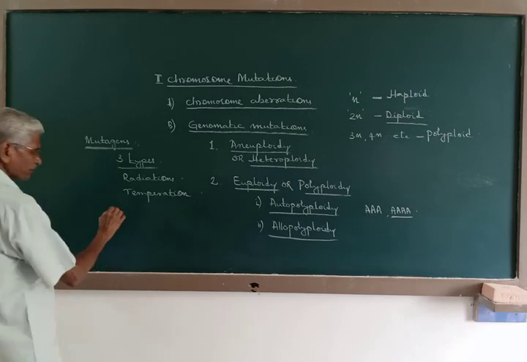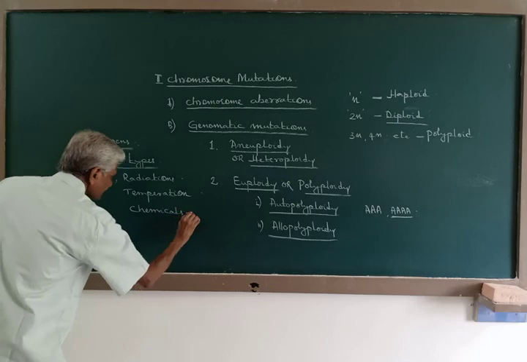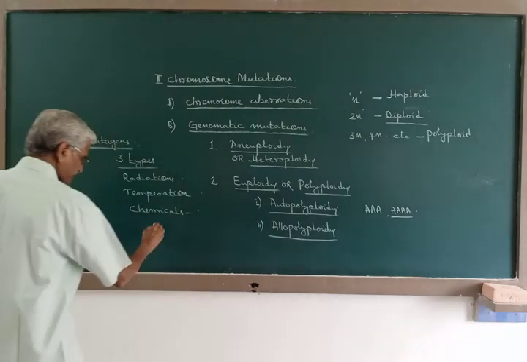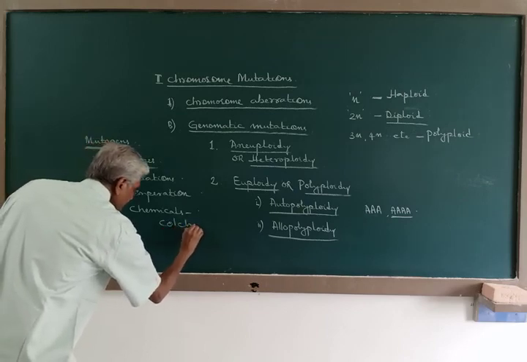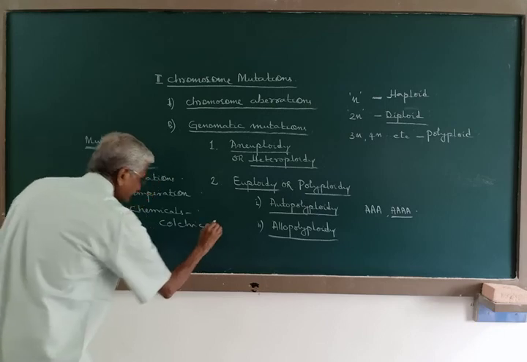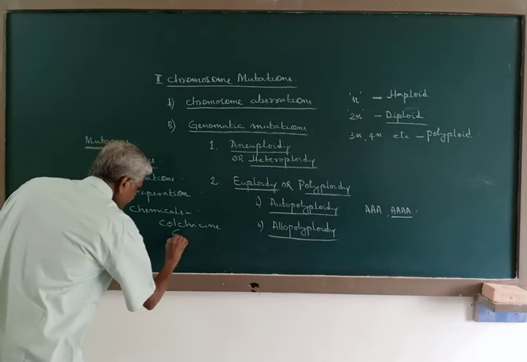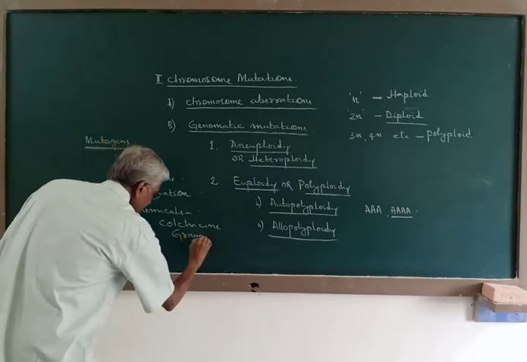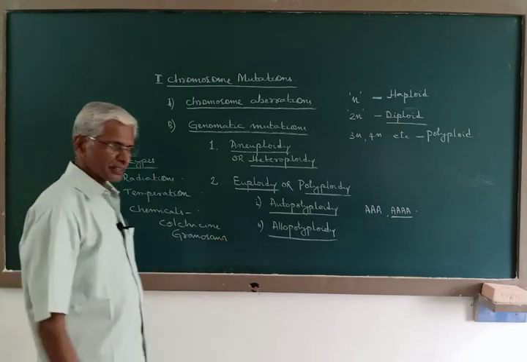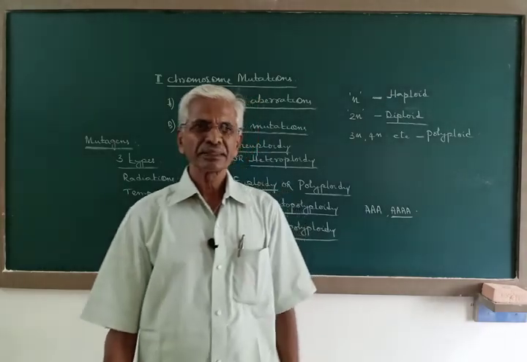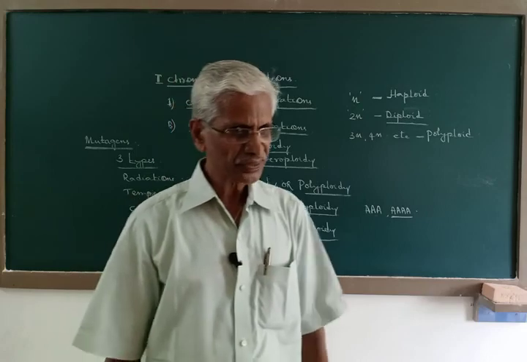And one more factor here is chemicals. So several chemicals such as colchicine, granosan, formaldehyde, etc., they cause mutation in organisms.